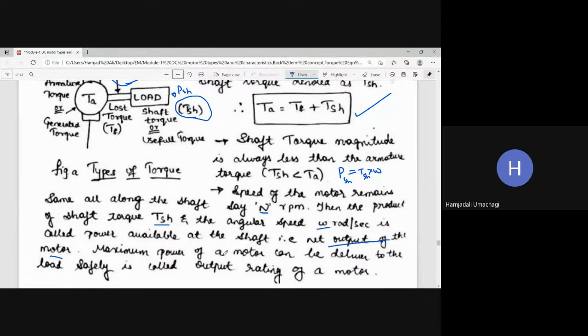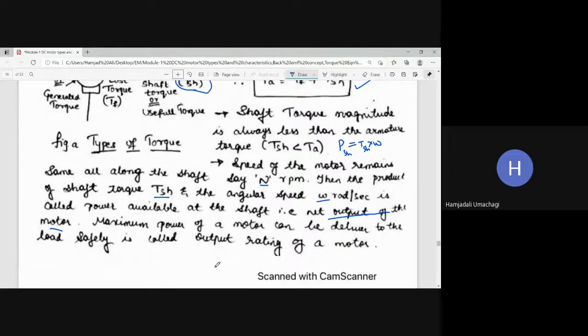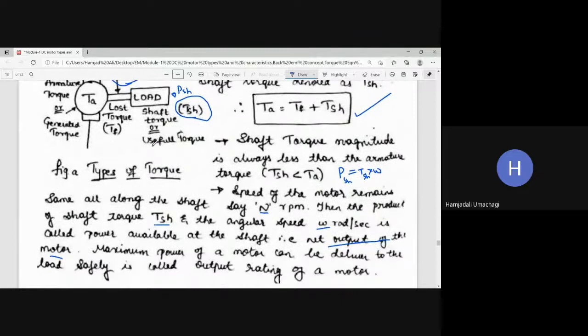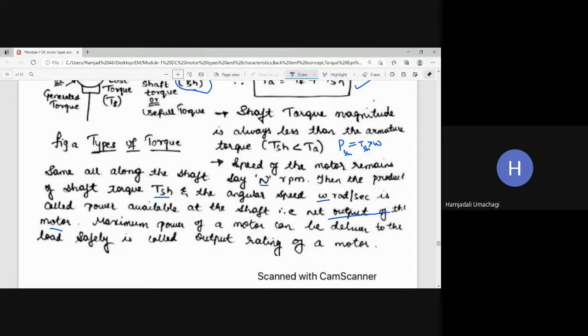Then the maximum power a motor can deliver to the load safely is called the output rating of the motor. How much power the armature is delivering safely to the load is called the output rating. All motors are given certain ratings.